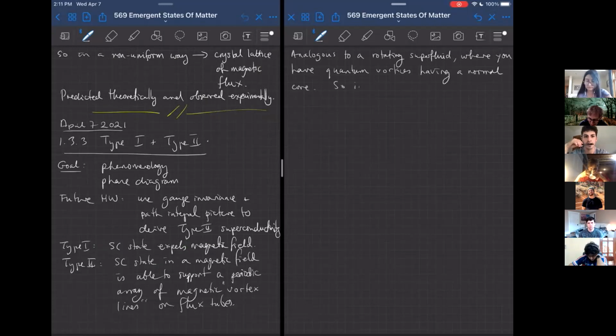So in a type 2 superconductor, you have a normal core, which is threaded by magnetic flux.